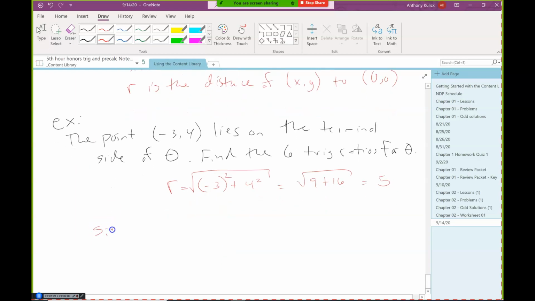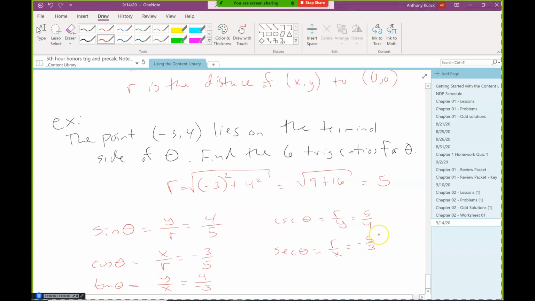Okay, so sine is y over r. So in this case, that's 4 over 5. Cosine theta is x over r, so that's -3 over 5. Tangent theta is y over x, so that's 4 over -3. Cosecant is r over y, which is 5 over 4. Secant theta is r over x, which is -5/3.